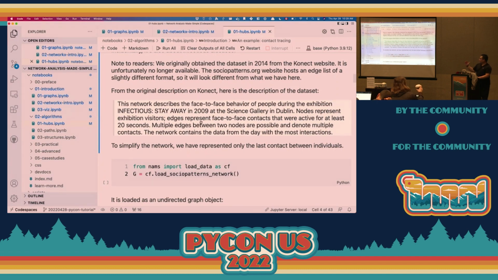So the graph that we're going to load is called the social patterns data set, and this text describes exactly what that data set is. Basically, it is an exhibit on infectious diseases. Just to clarify, this is not a contact tracing data set, right? This is not one where we're actually trying to figure out who spread a virus to the next person.